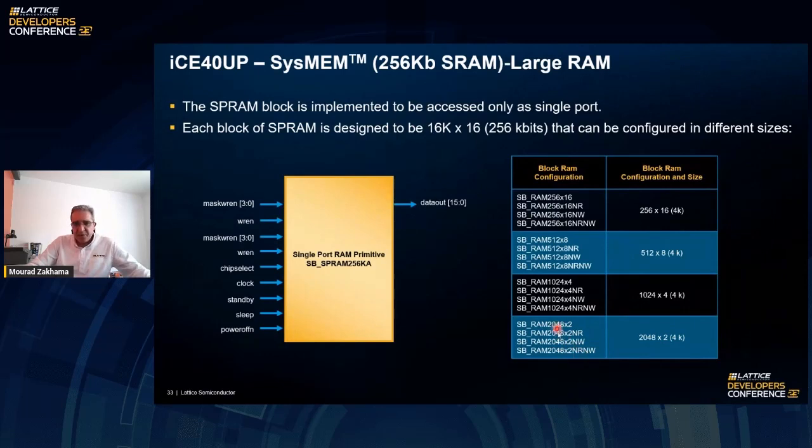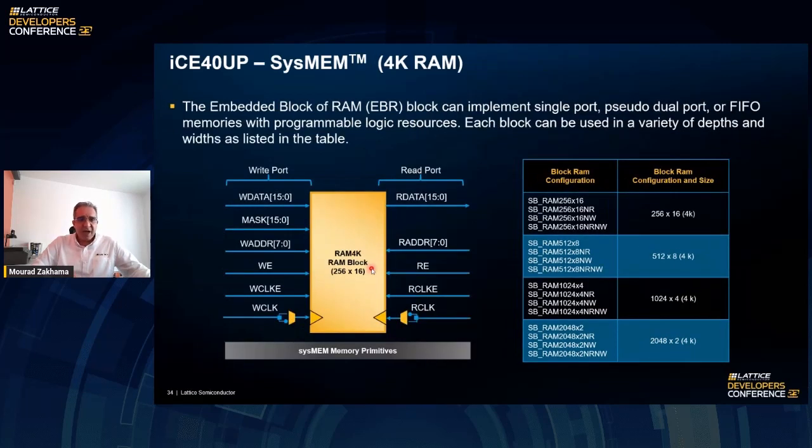There are multiple primitives, and these are the primitives that are used within the tool to configure the memory. These are single port RAM, so you can only write from one side and read from the other side. You cannot read and write from both sides, so it's a more simplified version of the memory for the iCE40 for the large RAM. You also have smaller blocks of RAM. These are 4 kilobit of RAM that are available.